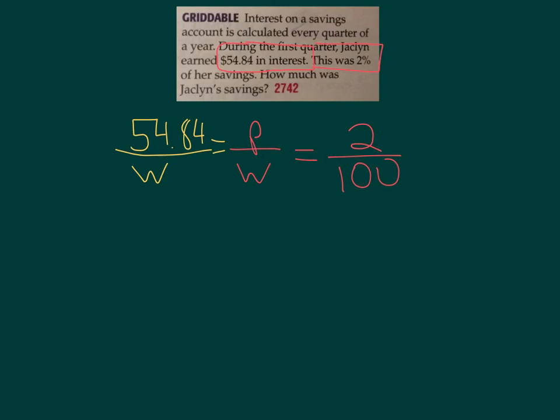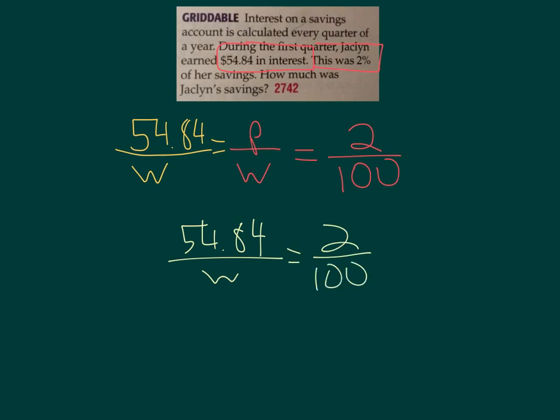So if I set $54.84 over the whole equal to 2%, I can just cross multiply and I'll end up with the whole equals 2742.